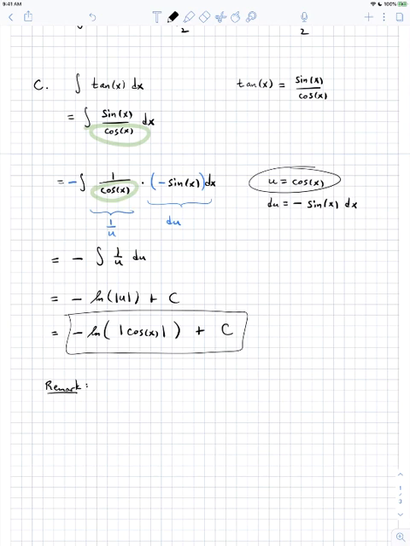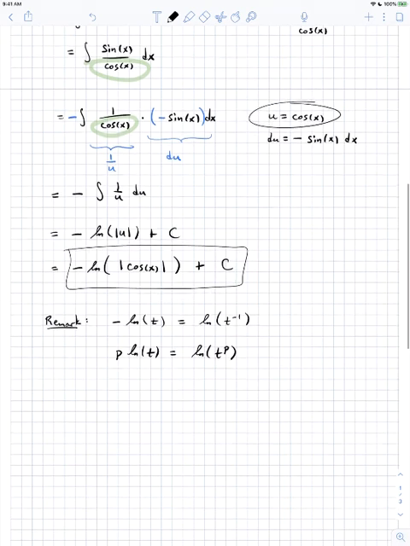And let me remind you that minus ln of some expression, let's just call it t, is equal to ln of t to the minus 1. Well, in fact, if you have any p in front of this natural logarithm, that's the same as ln of t to the p. Here we're treating minus as minus 1. So we can actually use this on our antiderivative.